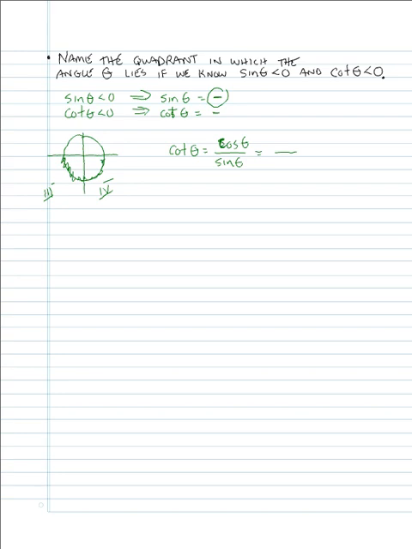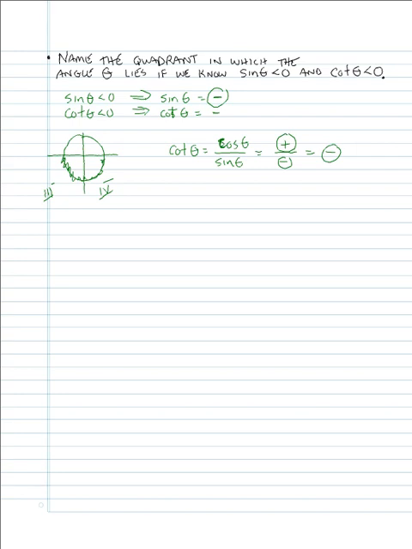Now we know the sine of theta is negative, and we know the fraction is negative, because the cotangent of theta is negative. And so that tells us that the cosine of theta has to be positive, doesn't it? Otherwise, if the cosine of theta was negative, we would have negative over negative, which is positive, and the cotangent of theta is not positive.